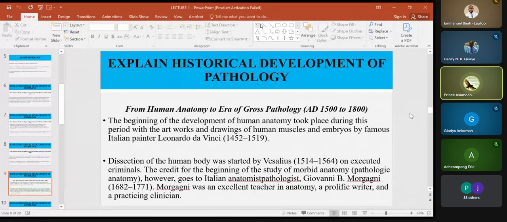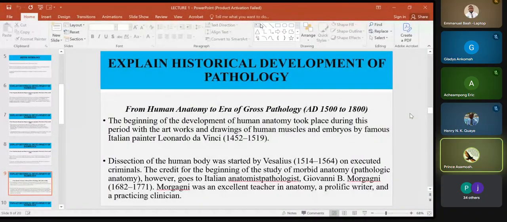Once he was able to paint to us the actual picture of the normal state of the human body, he would dig up dead people from their graves, and begin to cut and show us how the diseased state of structures of the human body are.